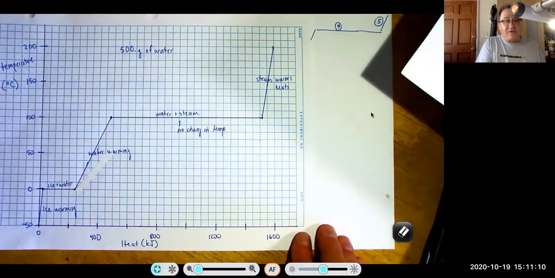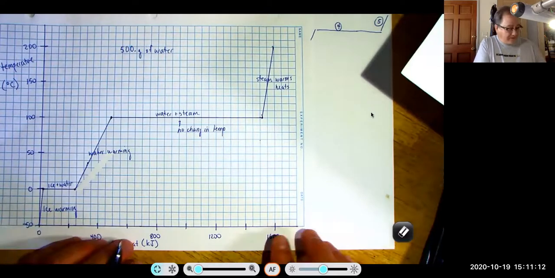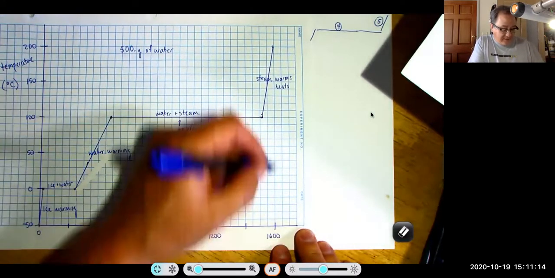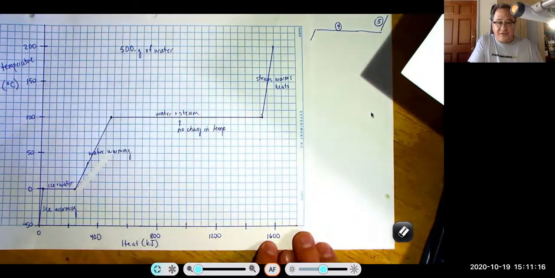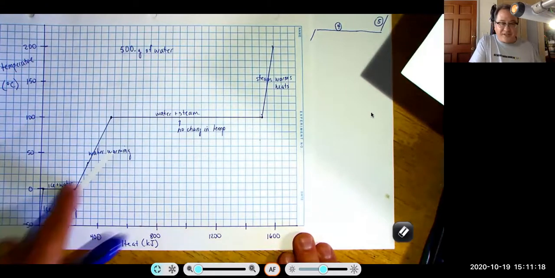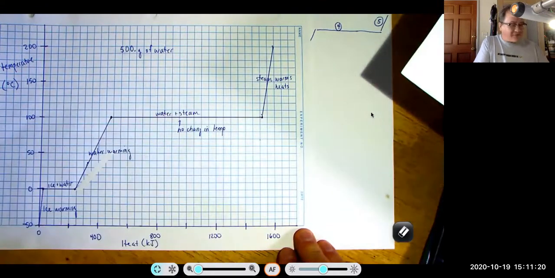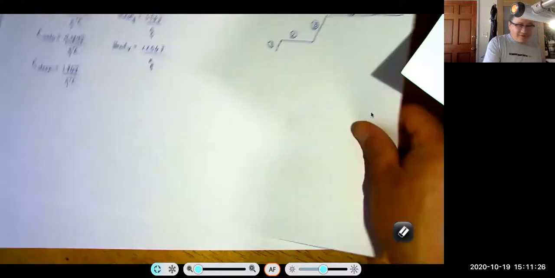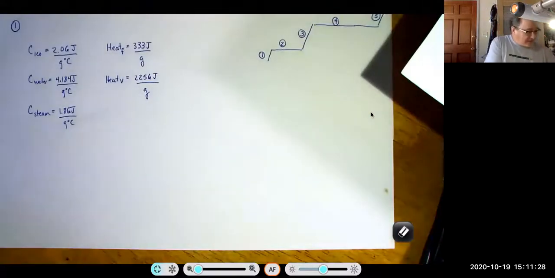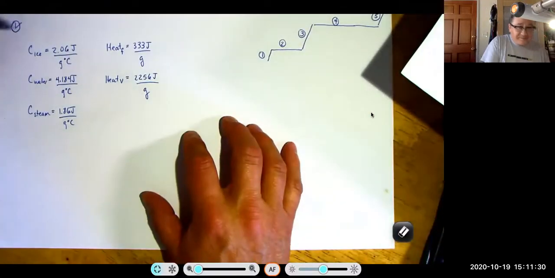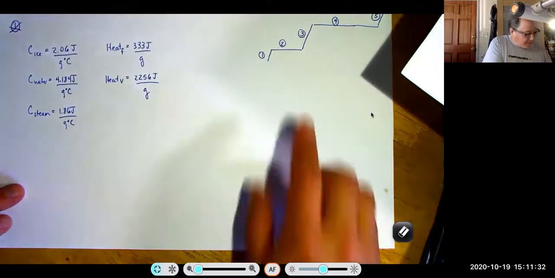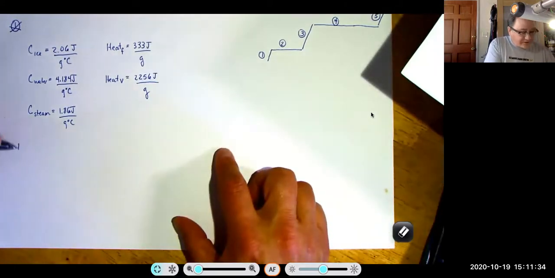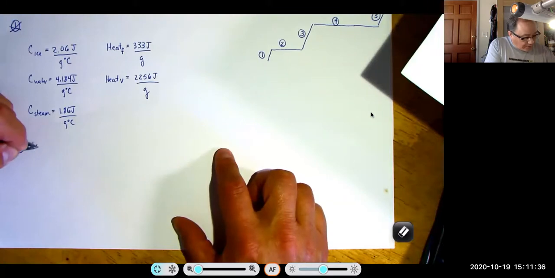So according to the figure in the book, the answer is roughly 1,600 kilojoules, because this shows you the change for 500 grams of water. Let's find out if they really drew it to scale. Okay, so here are the values, and let's take a look at these one by one. So for number one, this is going to be ice warming.